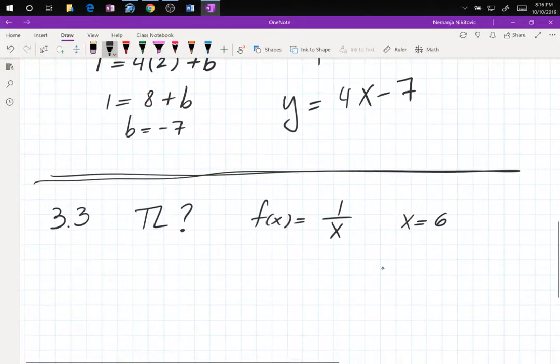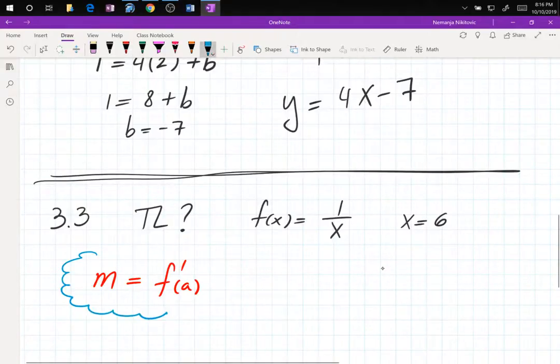Those are the specs. Here is the formula written in blood. The slope of the tangent line is the derivative computed at a. This is your formula for the tangent line.